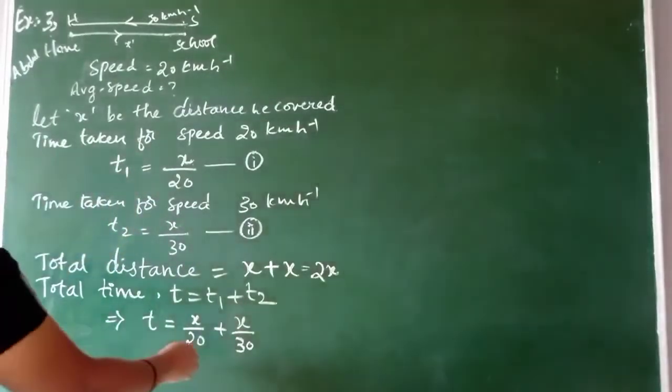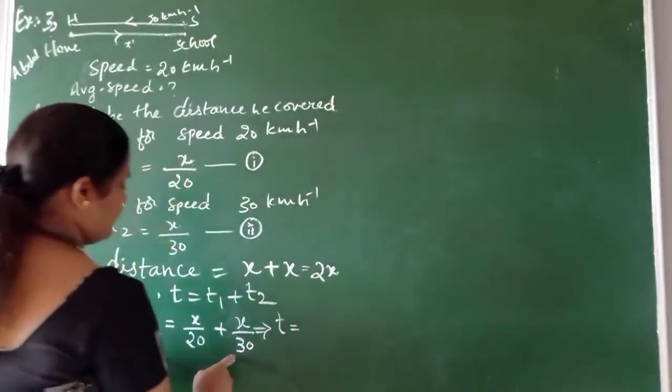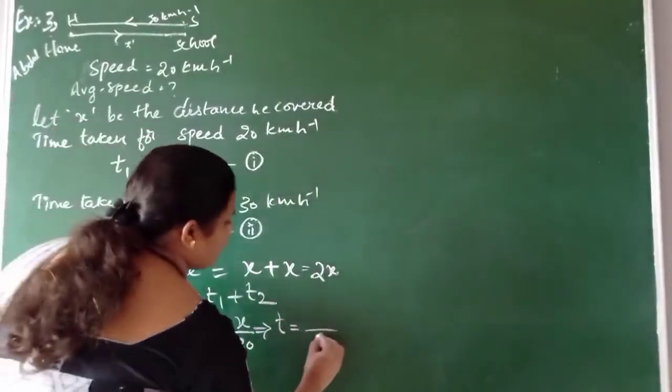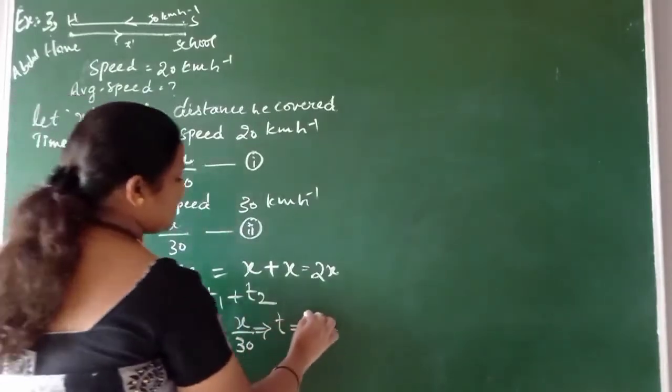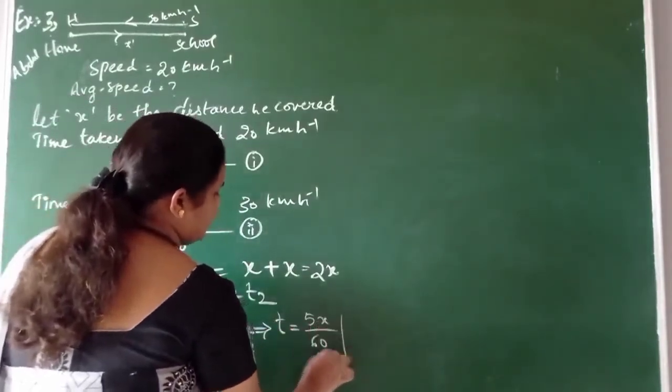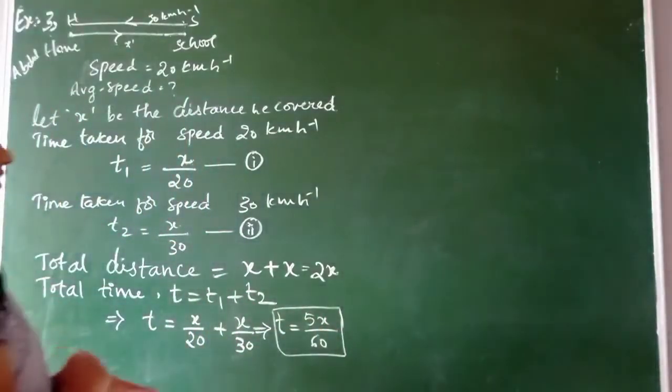What is the LCM, children? LCM is 60, isn't it? Then 3x plus 2x, which is nothing but 5x. So the total time is 5x divided by 60. Okay.